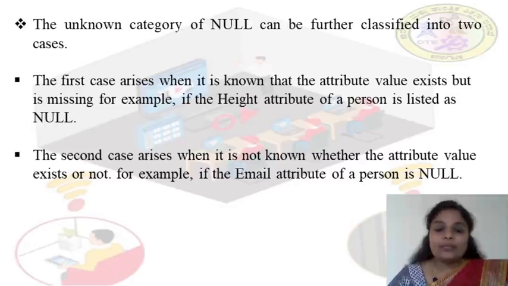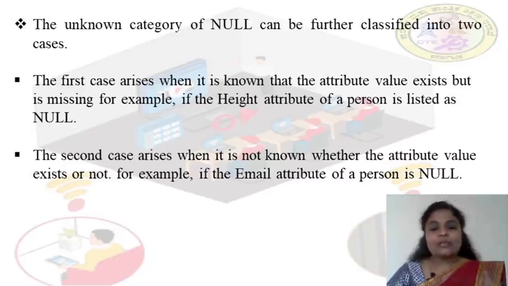Same here. They're asking your height. If they're asking what is the height of a person, we know the height of a person will be there. Some value will be there. But while filling the application form or while filling the data, at that moment I don't know the exact value. So you could write some approximate value, but there is a difference between an approximate and an exact value.